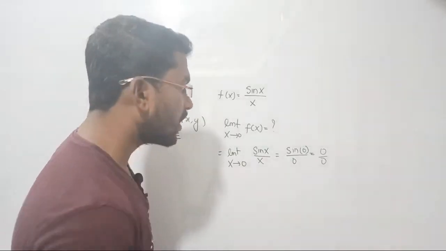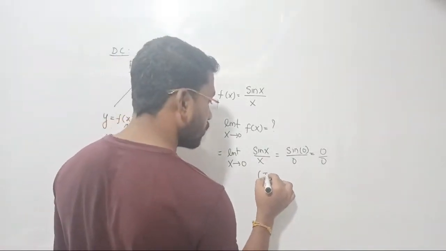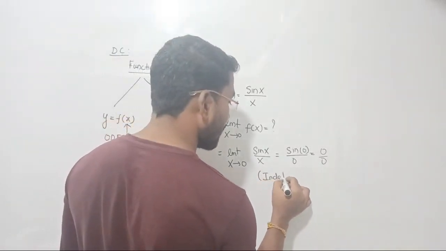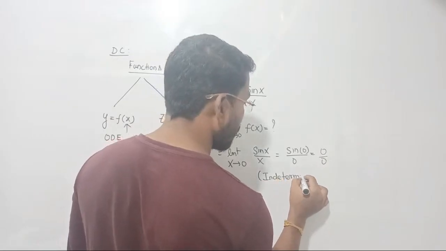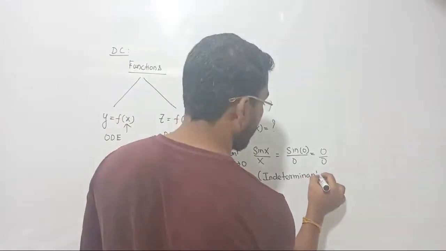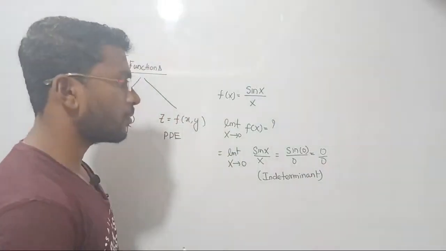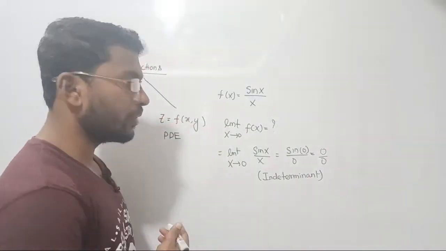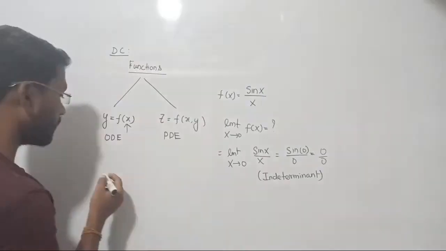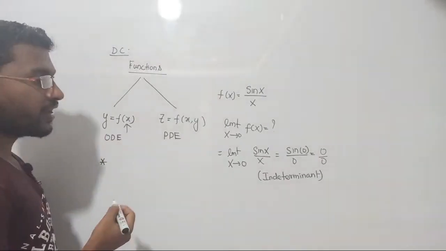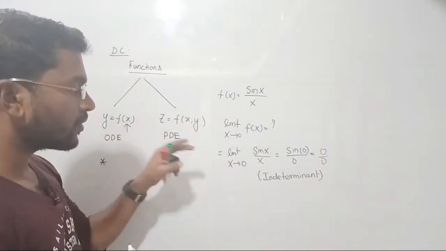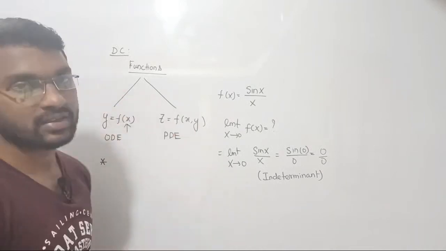No, that is called an indeterminate value. Nobody knows this value. Whenever we are facing an indeterminate point, automatically limits will fall in place. So the first application of limits is whenever we have an indeterminate format.